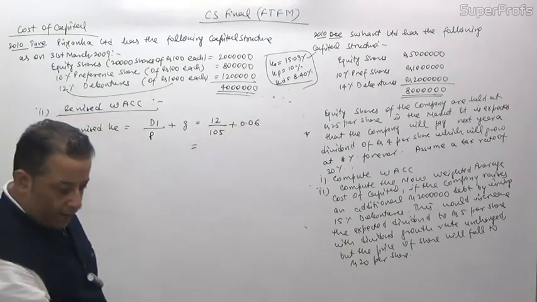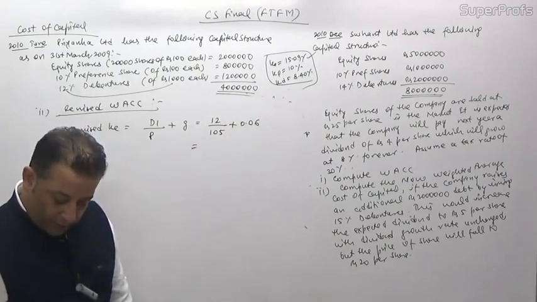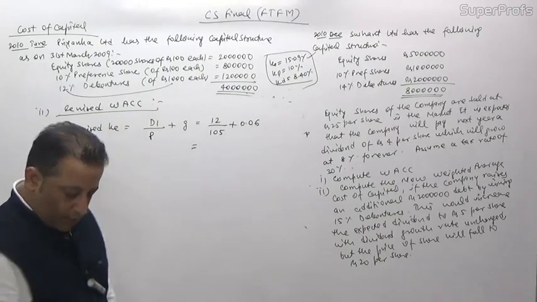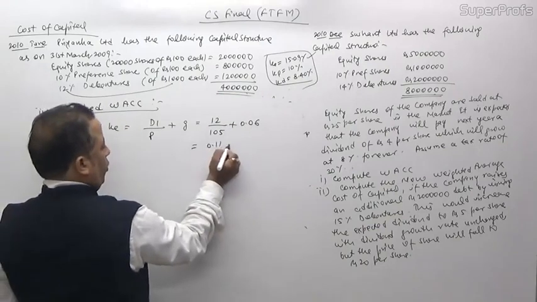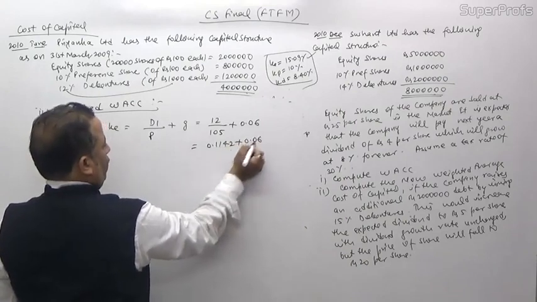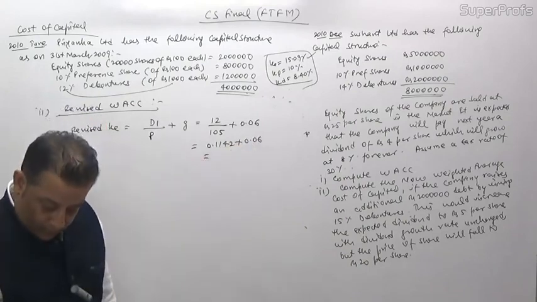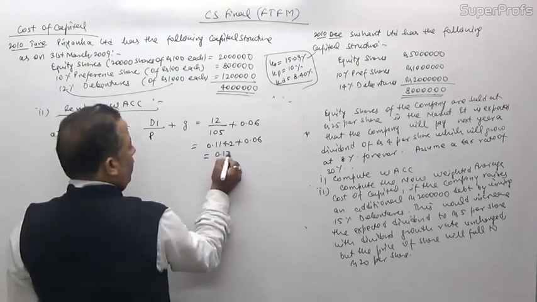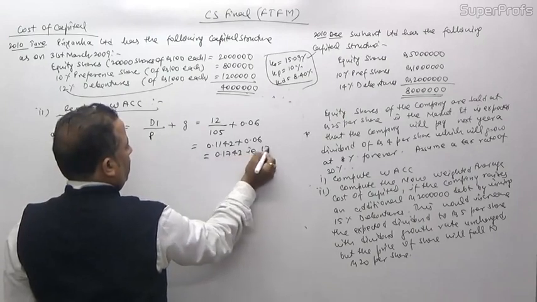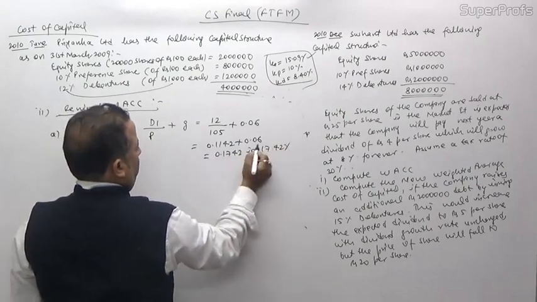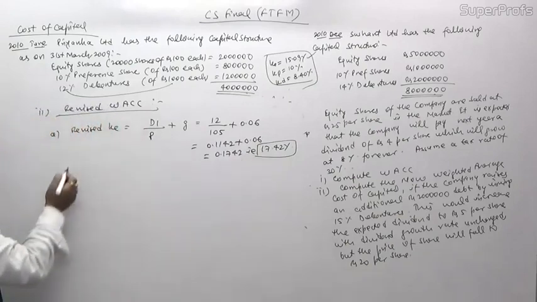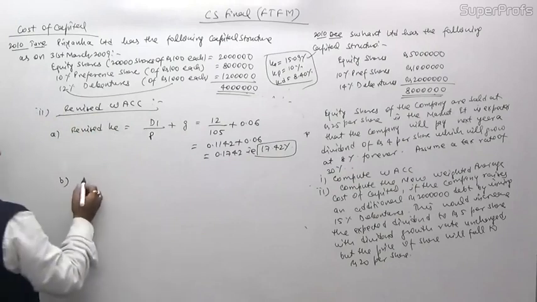So 12 divided by 105 is 0.1142, plus 0.06 is 0.1742, that is 17.42%. 17.42% is basically the revised cost of equity.